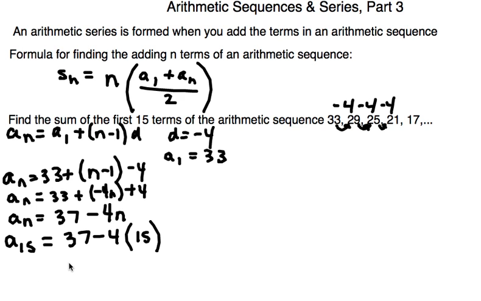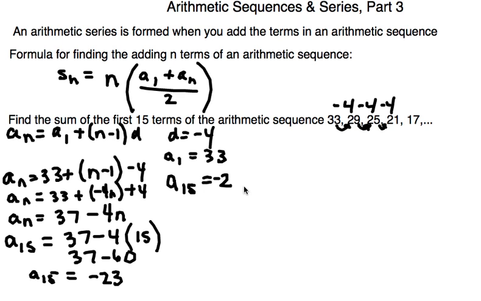Okay, if you multiply that out, you're going to get 37 minus 60, and our 15th term is going to be -23. So we'll just put that here.